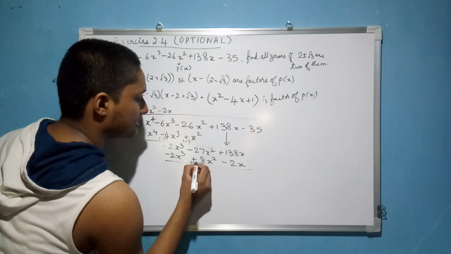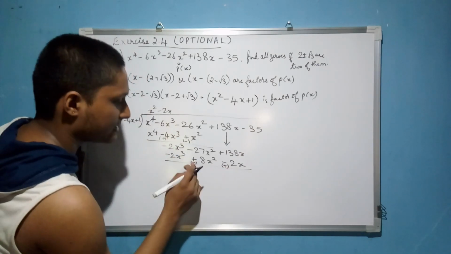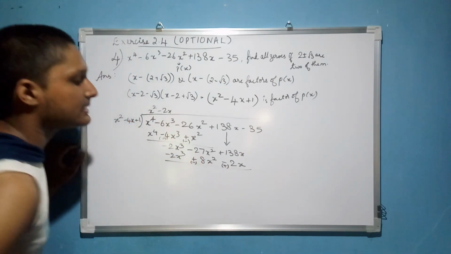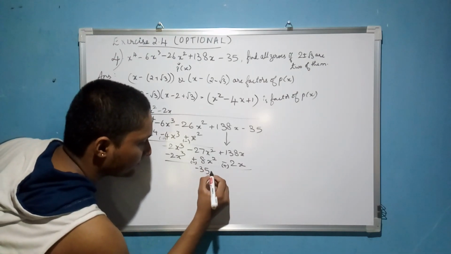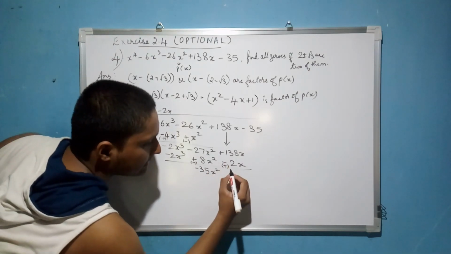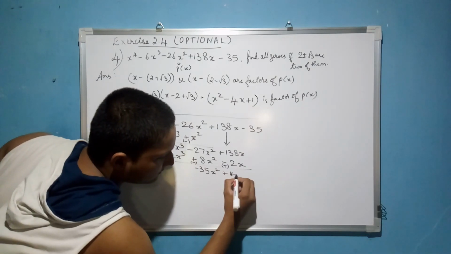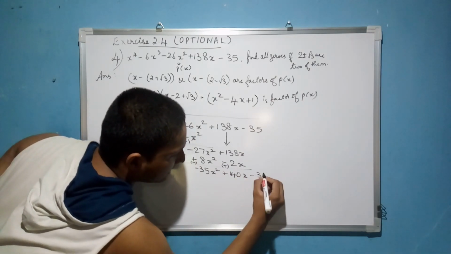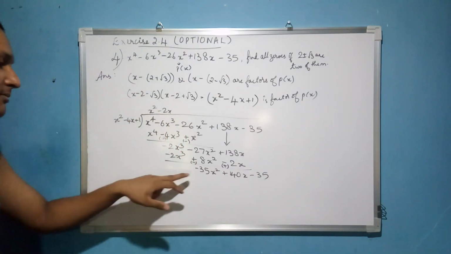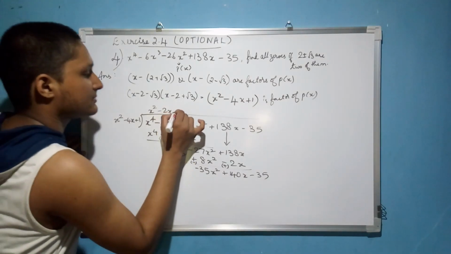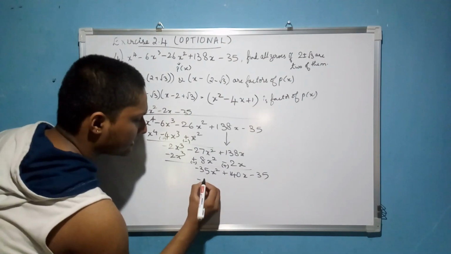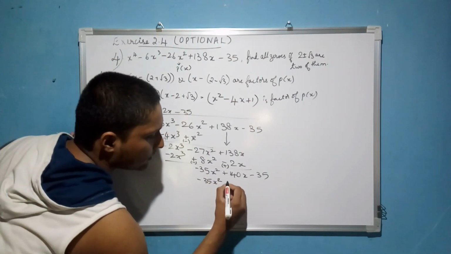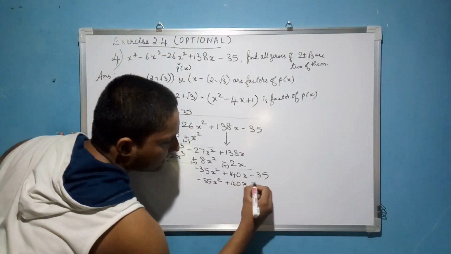Okay, now changing the sign, this is cancelled, so you have 27 plus 8, that is 35, so it is minus 35x square. 138 plus 2 is 140x, then you have a minus 35. So now again minus 35x square divided by x square is minus 35. So because it is a factor, I can go on writing minus 35x square plus 140x minus 35.